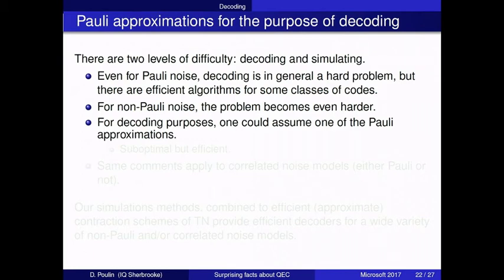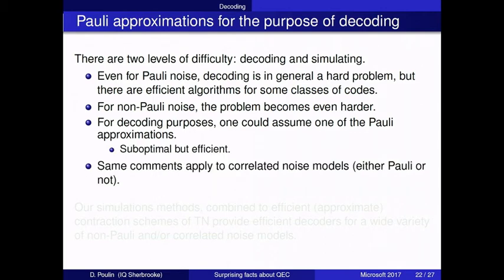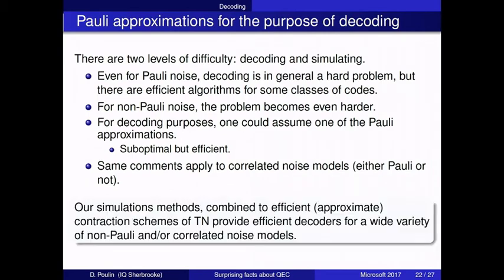But you can use a heuristic decoder. So you can say, all right, even though the noise is non-Pauli, when I run my decoder, I will just assume that I have a Pauli noise model and just keep my fingers crossed and hope for the best. That's something you can do. It's suboptimal, but at least you get something efficient. And the same comment applies to correlated noise models. You could just, for the purpose of decoding, ignore these correlations and get something suboptimal.